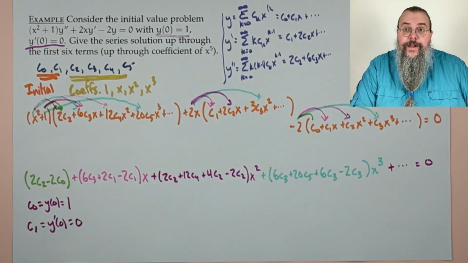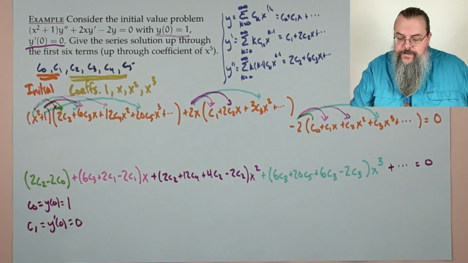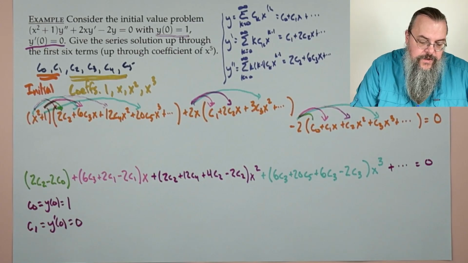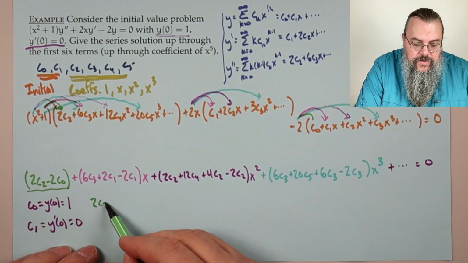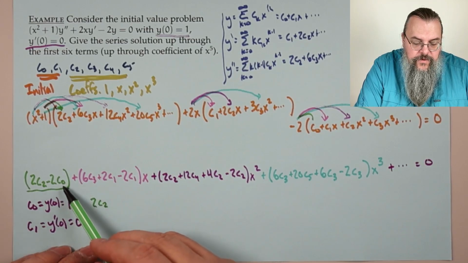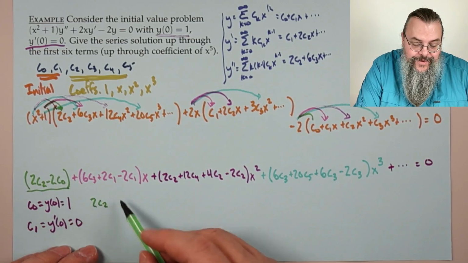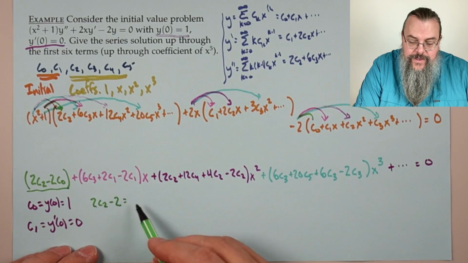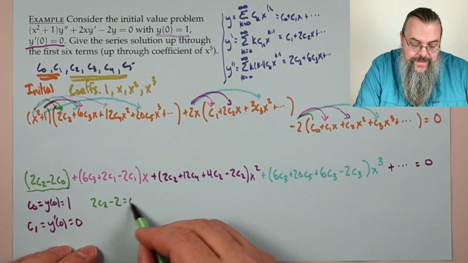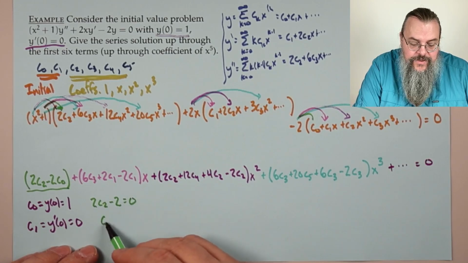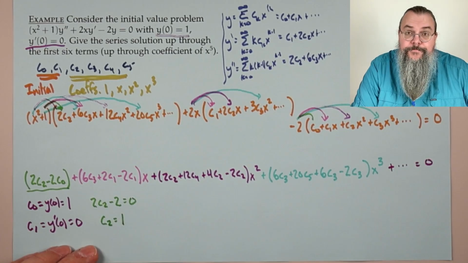Now we move on, and for the next one, 2c2 minus 2c0, but we know c0, so minus 2 equals 0. So that tells us c2 is 1.